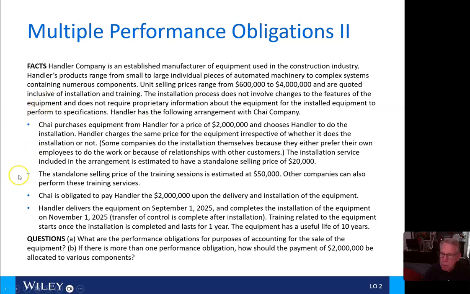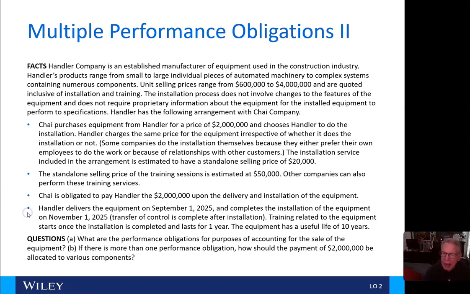Number 2, the standalone selling price of the training session is estimated at $50,000. Other companies can also perform these training services. And number 3, Chai is obligated to pay Handler the $2 million upon delivery and installation of the equipment.